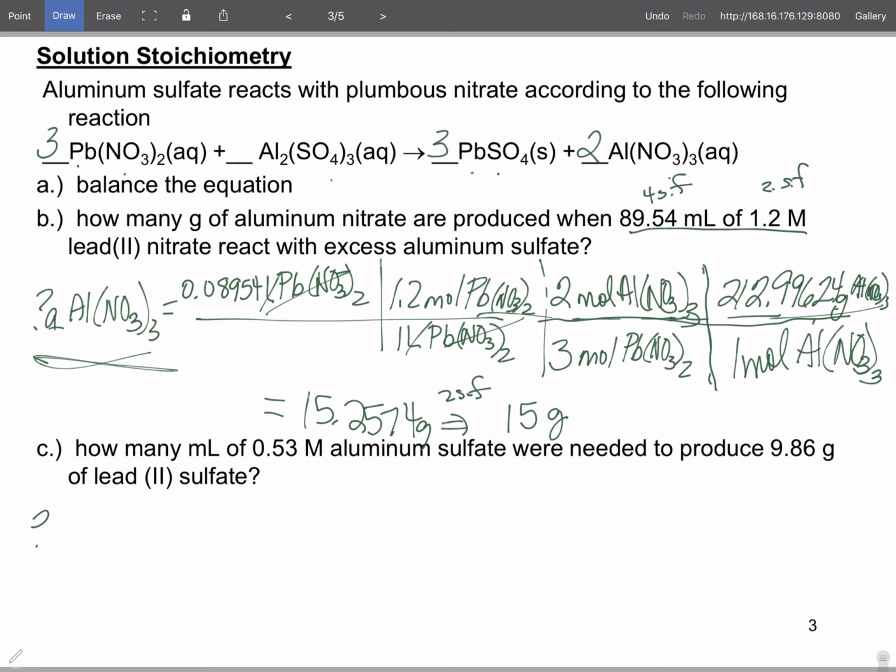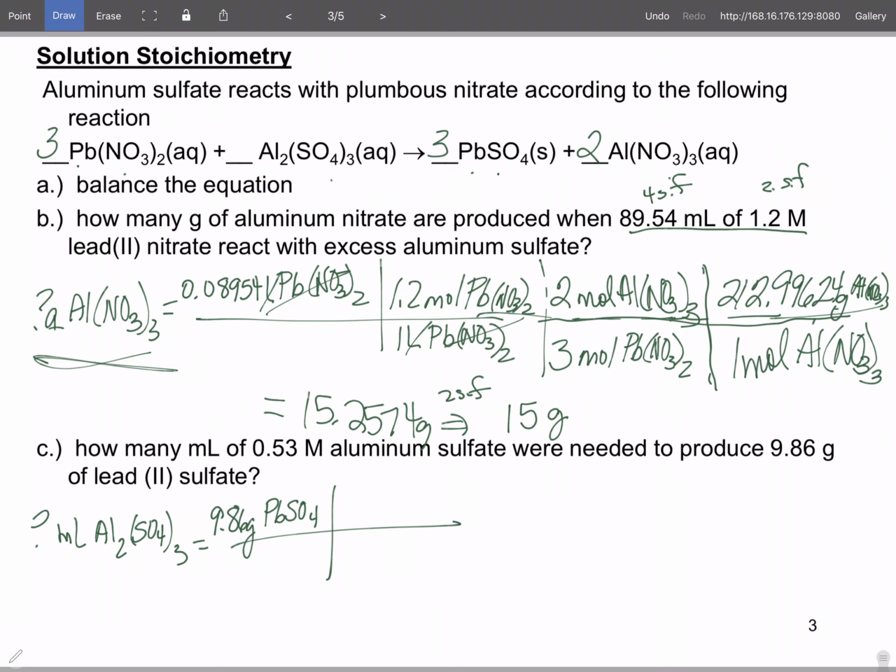This one says, how many milliliters of 0.05 molar aluminum sulfate were needed to produce 9.86 grams of lead sulfate? We're looking for milliliters of aluminum sulfate. We'll start with an amount, which is 9.86 grams of lead sulfate. Got to calculate molecular weight on this sucker.